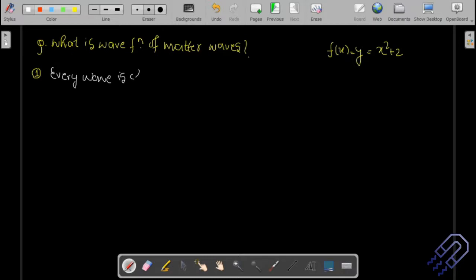is characterized by periodic variation in some physical quantity. You will understand this is not very complicated, something which you might have already studied.